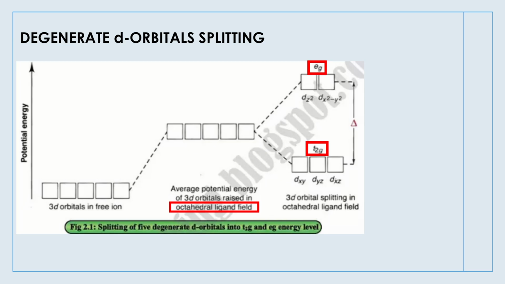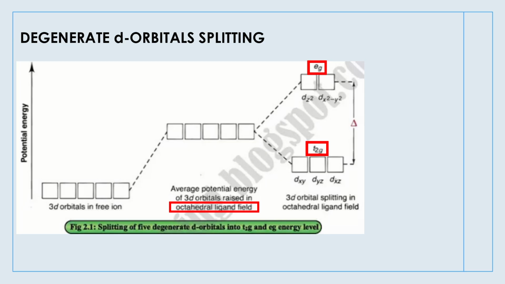When the transition metal and ligand interact, the 5 degenerate orbitals are split into a higher energy level and a lower energy level. The lower energy level is called t2g, which consists of 3 orbitals, which is dxy, dyz and dxz. The higher energy level is eg, which consists of 2 orbitals, that is dz square and dx square minus y square.